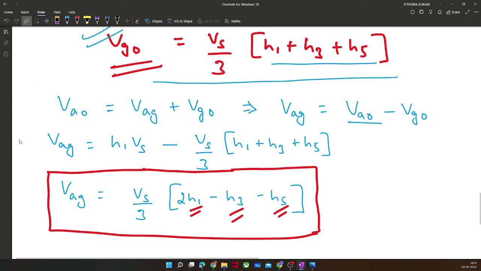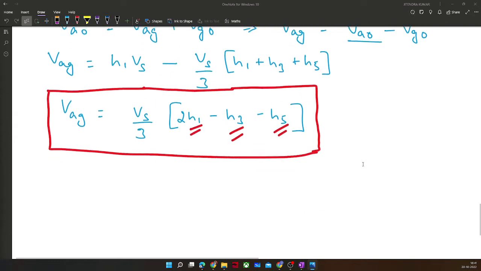So that was it. Now I will write the expression of H1, H3, H5, and I will put it in VAG, and you will get the Fourier series of the phase value.